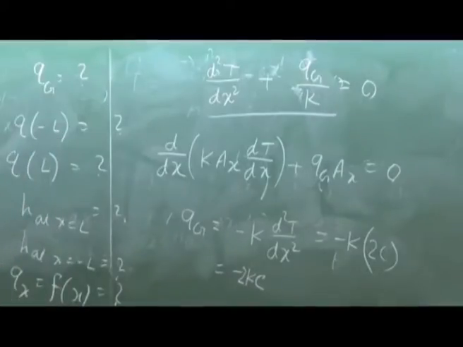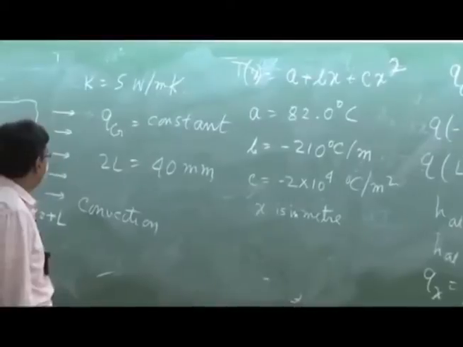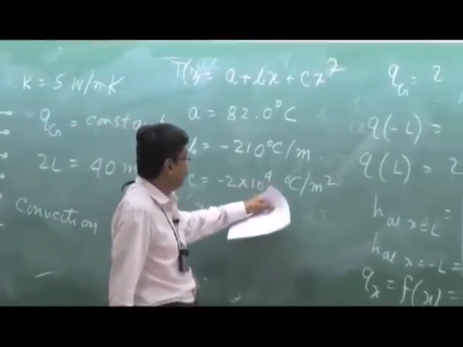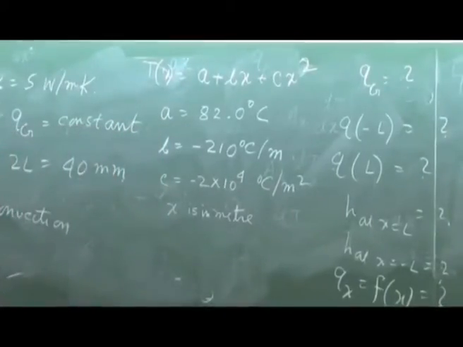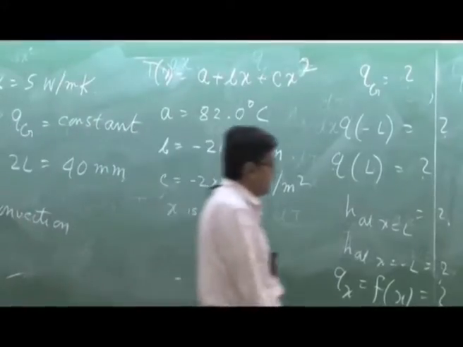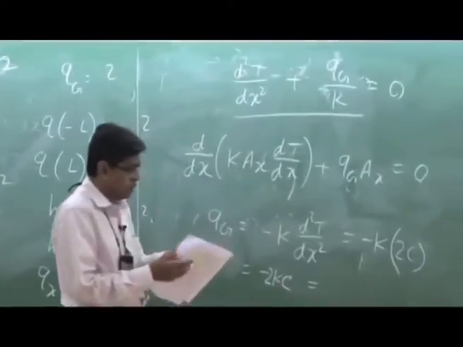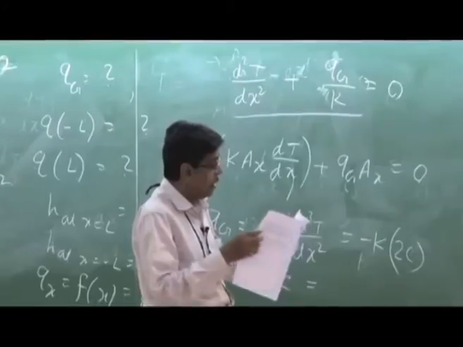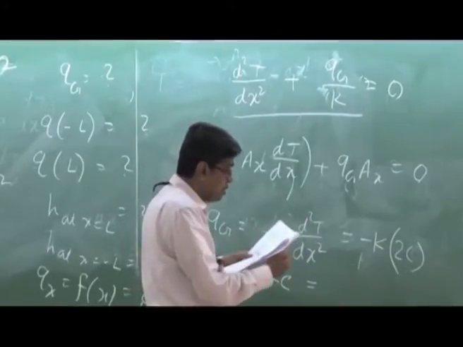The value of K is given in watt per meter K. The value of C is given as 2 into 10 to the power 4 degrees Celsius per meter square. If you substitute this, the answer will come. What is Qg?